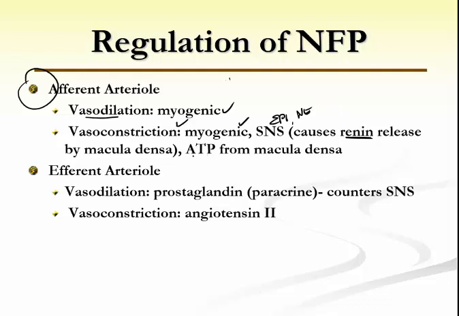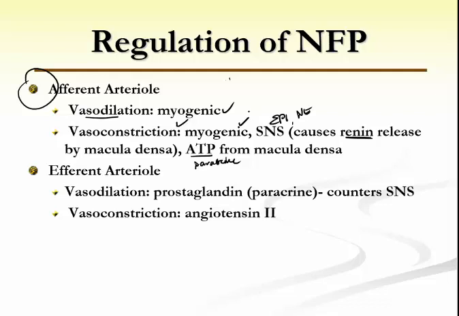And also ATP can actually be released from the cells of the macula densa. This is going to act as a paracrine and immediately act on the surrounding smooth muscle and cause contraction for vasoconstriction. And again, that's going to limit the amount of blood into the glomerulus, dropping the pressure back to normal.